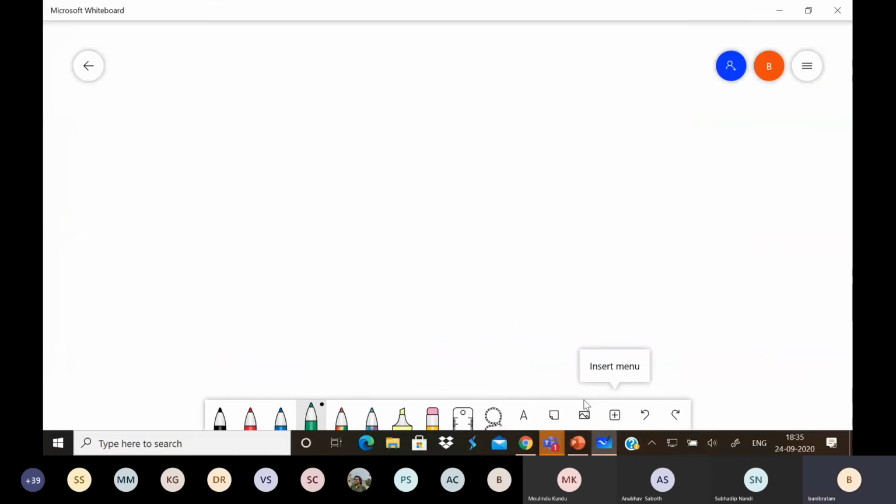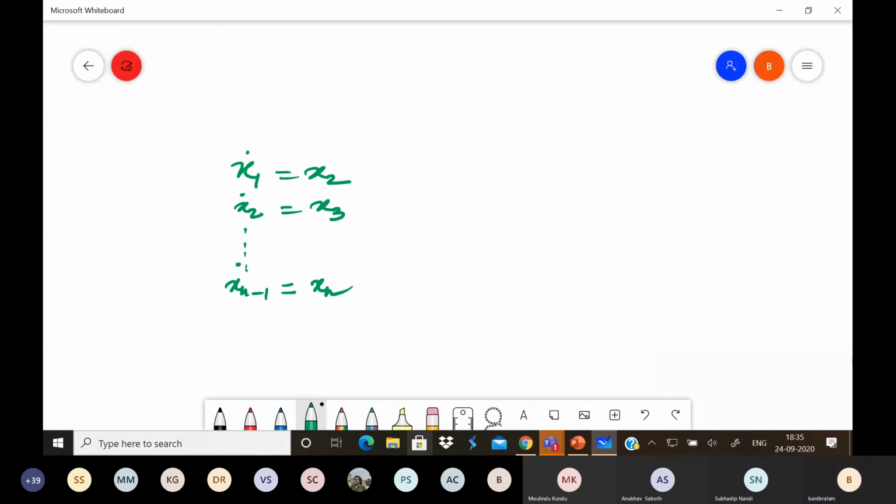Suppose what I have written: x1 dot equals to x2, x2 dot equals to x3, likewise xn minus 1 dot equals to xn.